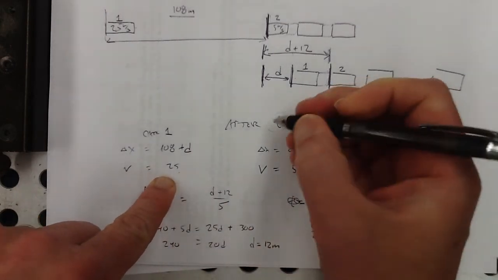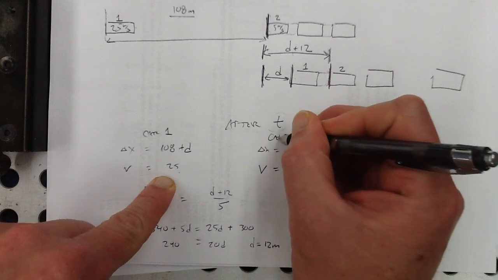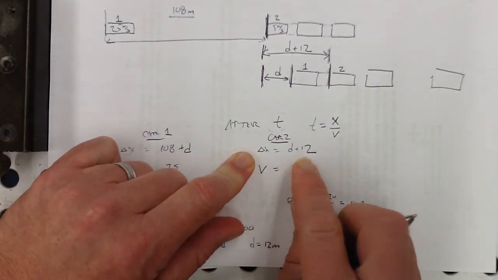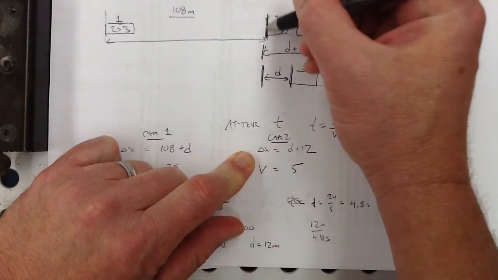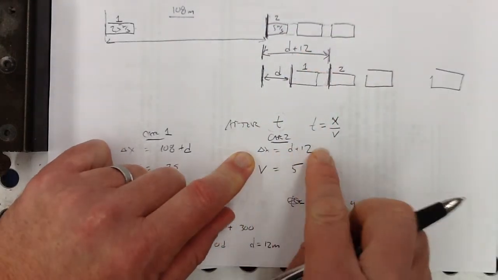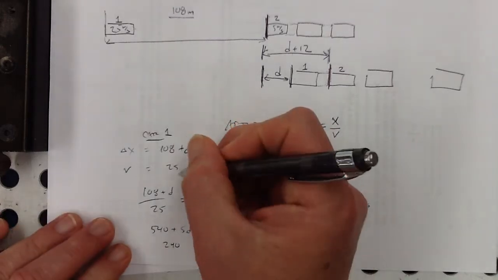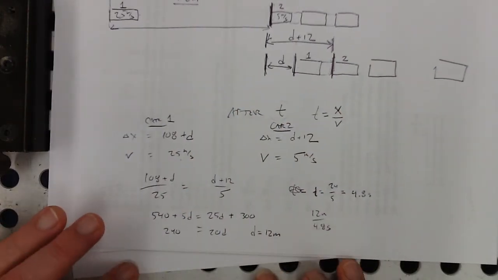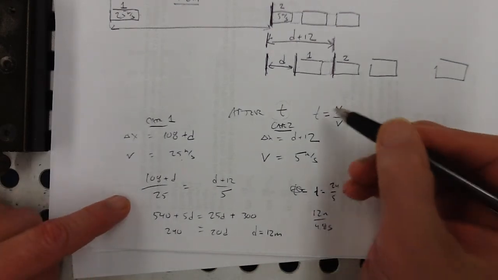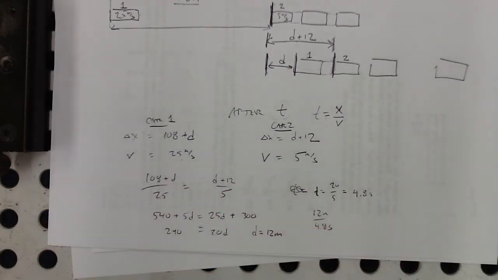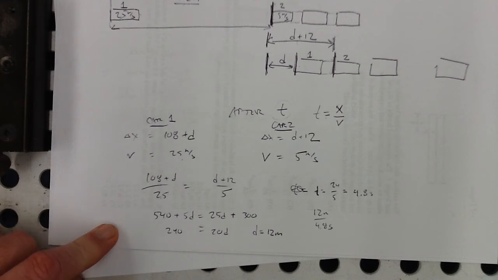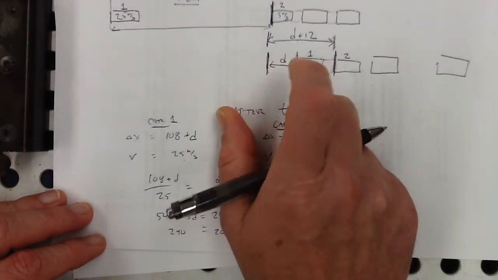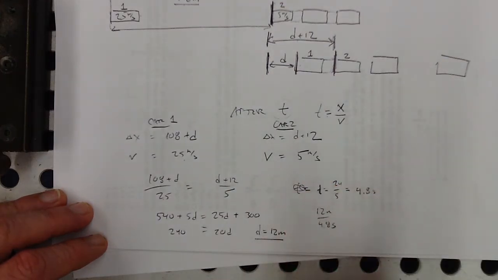And car 2 is traveling D plus 12, back of car from there to there. That's D plus 12 at 5 meters per second. Then I did exactly the same thing that I did in part A. I found these expressions for time and set them equal to each other. Did a little algebra, and I found that D right there is 12 meters.